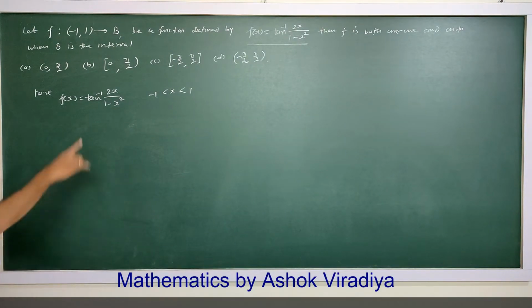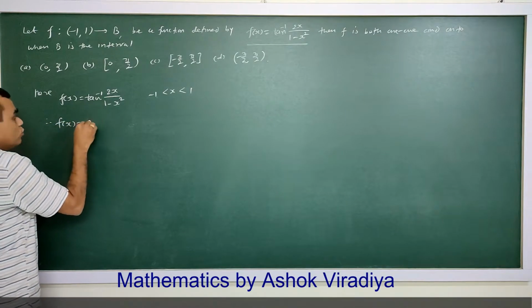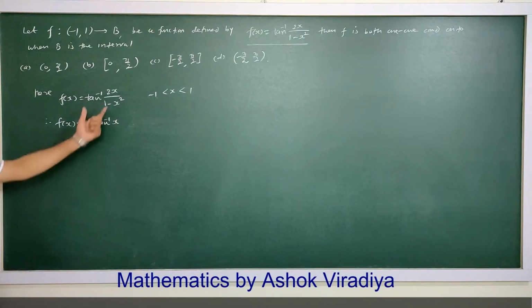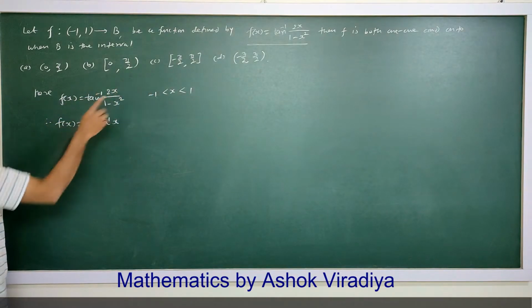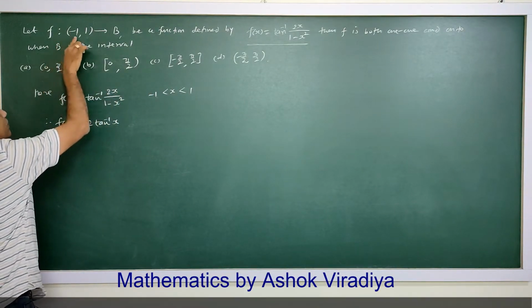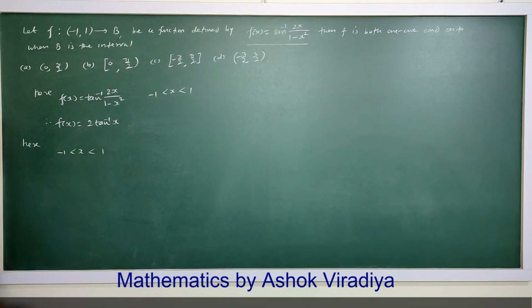Now we know that this is equal to 2 times tan inverse x. Its simple form is 2 times tan inverse x. Now see, the condition is that x is between -1 and 1.